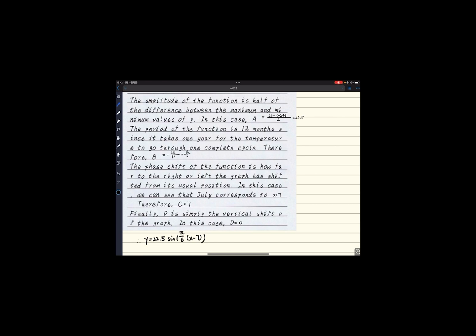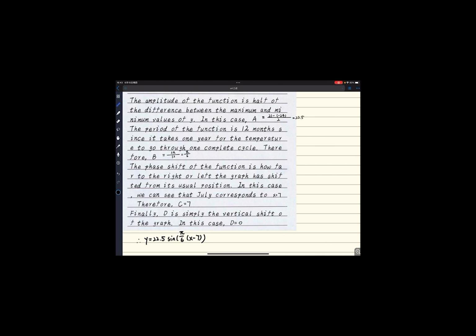The phase shift of the function is how far to the right or left the graph has shifted from its usual position. In this case, we can see that July corresponds to x equals 7. Therefore, c equals 7.